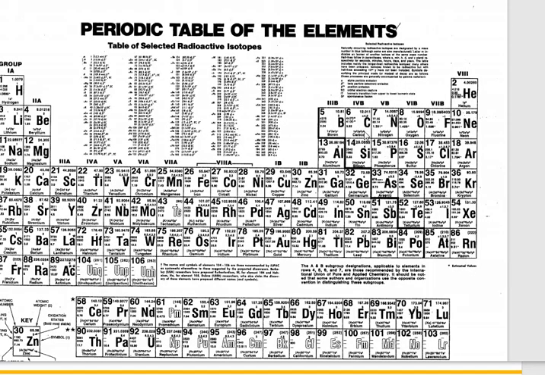If we go back to our periodic table and we look at carbon, it's element number 6. It has 2 electrons in its inner energy level and has 4 valence electrons in its next energy level. And it is in column 4. IV is the Roman numeral 4.